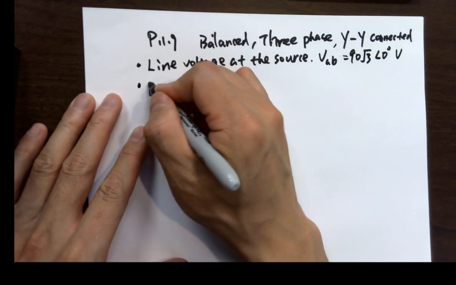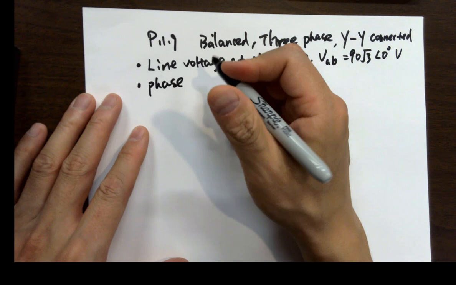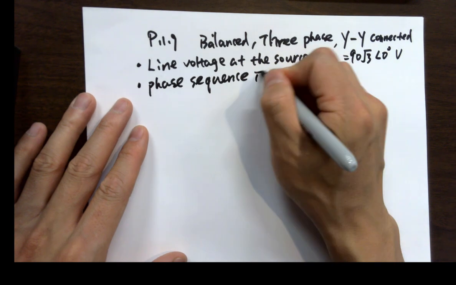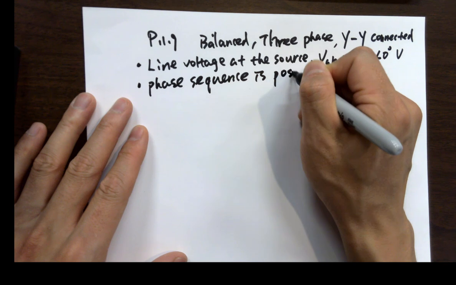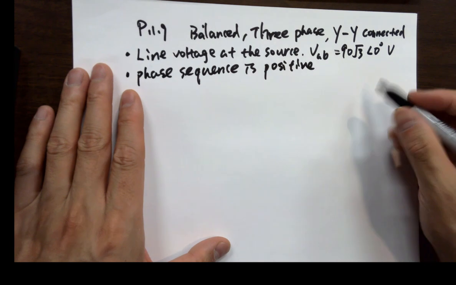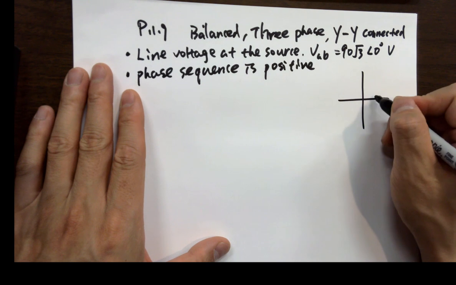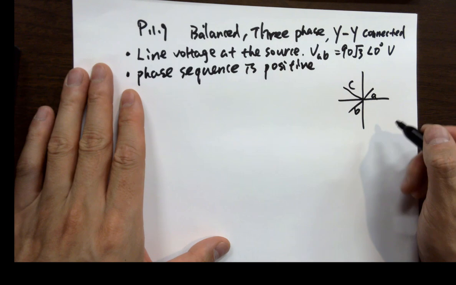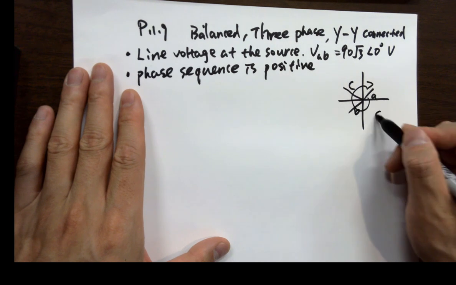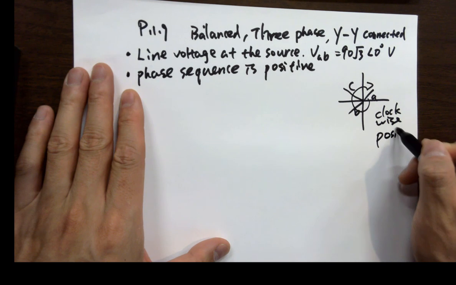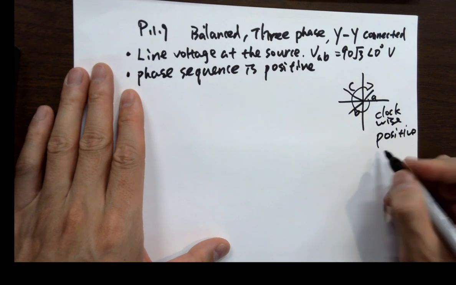And another one is the phase sequence is positive. We covered this on Wednesday. So what does that mean? Remember, A, B, and C, like this, clockwise. That's the positive phase sequence.